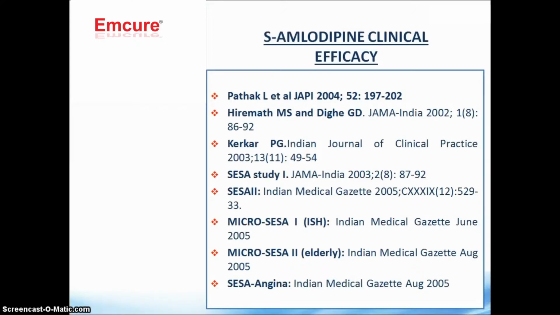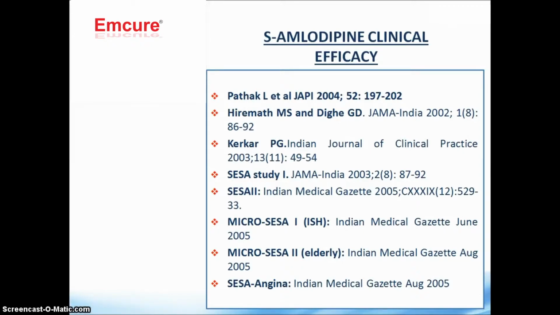Now we are going to talk about the clinical efficacy and the studies which we have conducted for S-amlodipine. There are many studies. The most important are the SCSA1 and the CSA2, followed by micro CSA1, which is for ISH, and then micro CSA2 for the elderly.